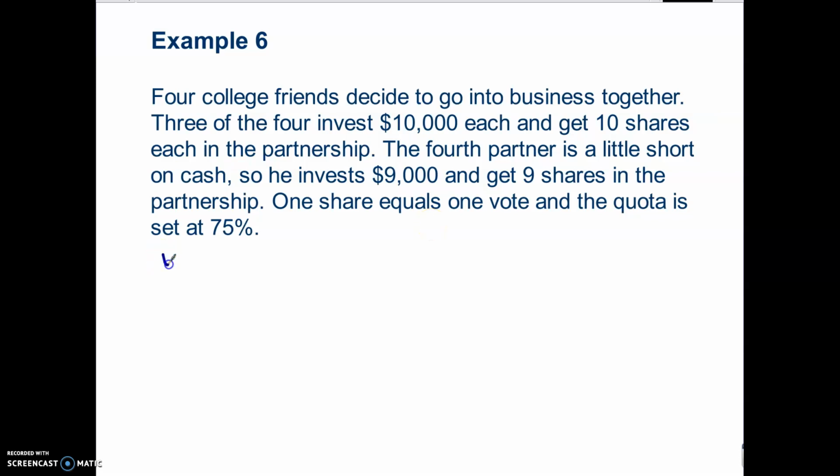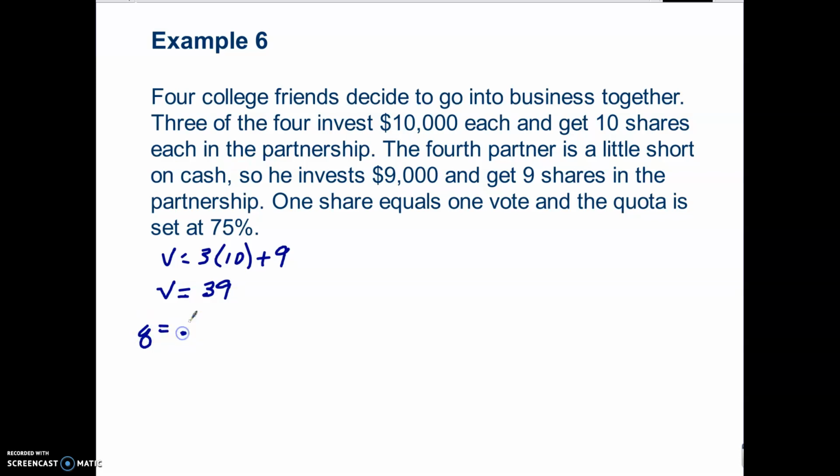Okay, so the total number of votes: I have 3 people that have 10 votes, and 1 person with 9 votes. So the total number of votes here is 39. Now my quota is set at 75% of the total votes.